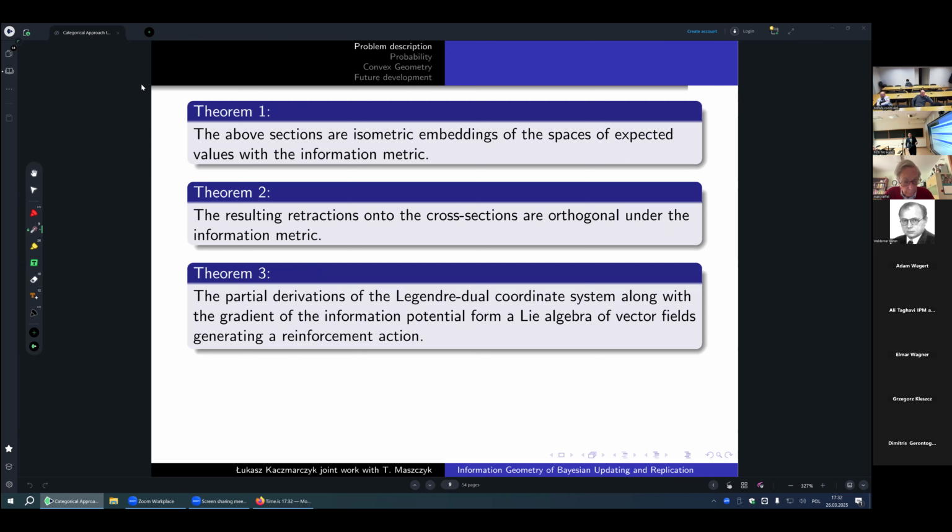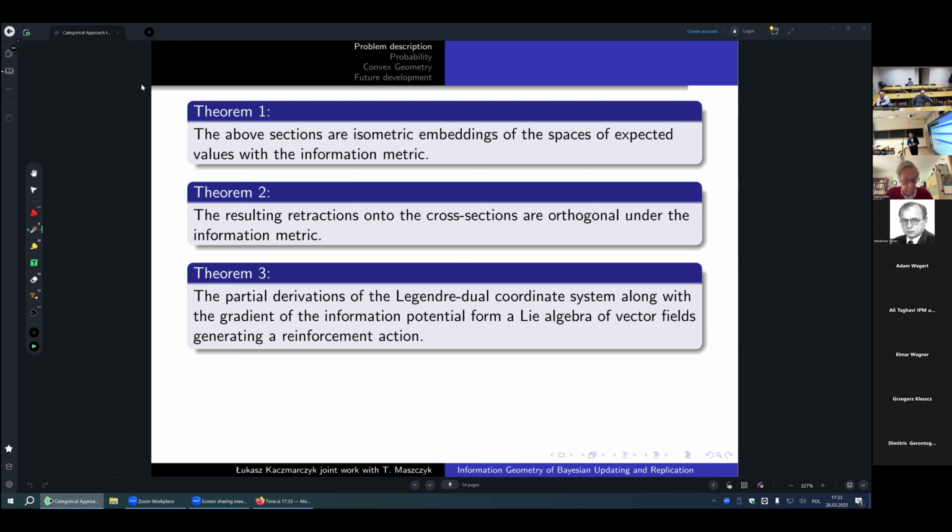And it is also deeply connected with convex geometry, because going to the dual coordinate system, we would see that the group action that is first and foremost defined purely probabilistically on the simplex of probability measures on a finite set will appear, on the one hand, as translations in the dual variables, and second of all, as a gradient of the information potential.